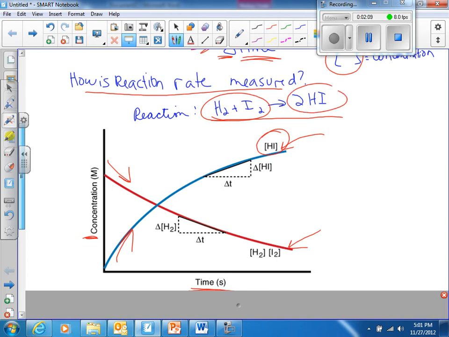The other thing you might notice is that the absolute value of the slope for the concentration of H2 and I2 is not as large as the absolute value of the slope for the concentration of HI. That's because HI has a coefficient of 2, so it's being produced twice as fast as H2 and I2 are being used.